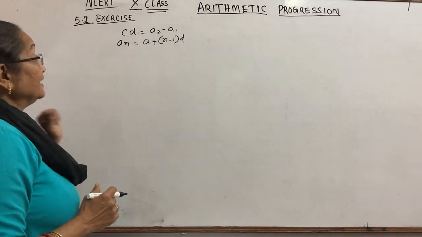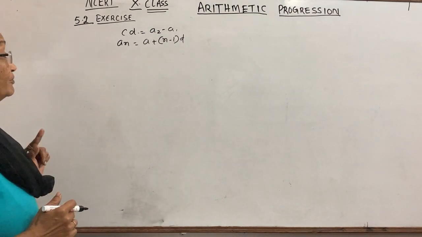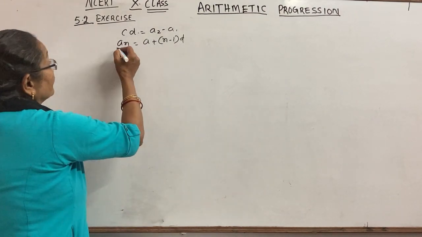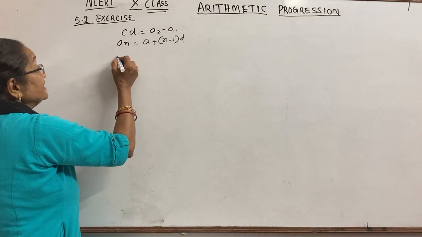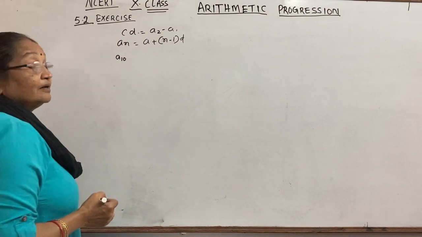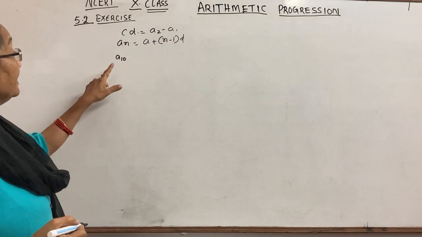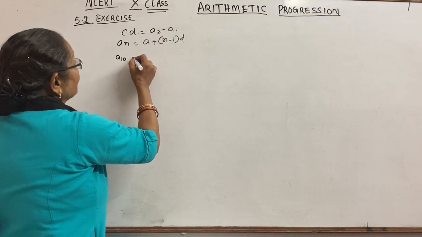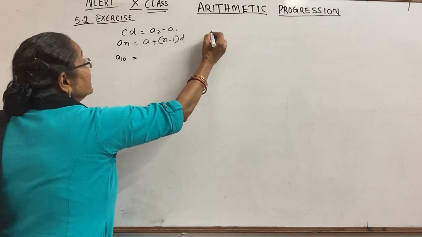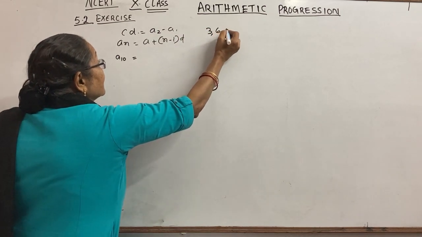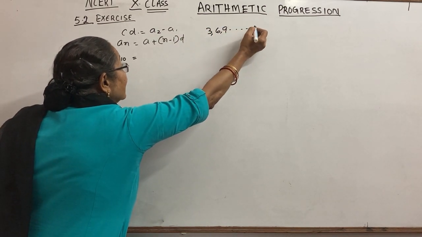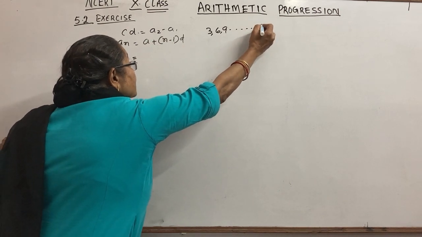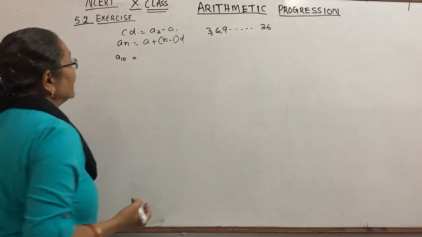So now another, what is it? Here one more formula is being introduced. Suppose n is 10, that means the 10th term, 10 number of terms. So to find the nth term, suppose you see 3, 6, 9, like that it is given, up to 36. Find the 10th term.